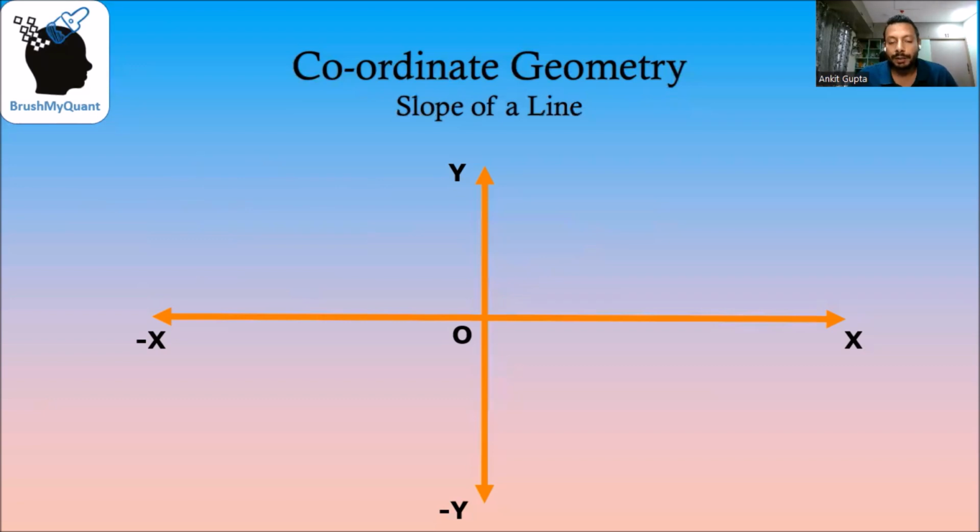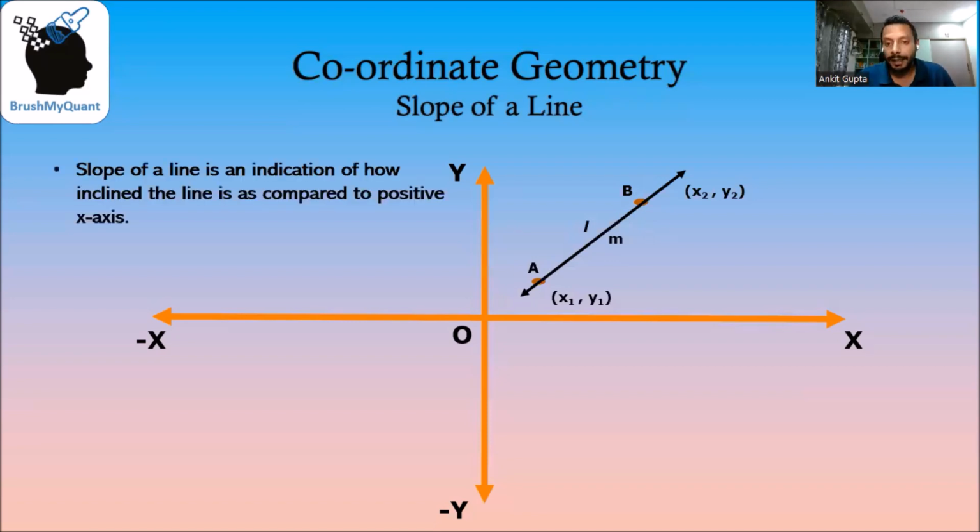Now let's see how to find slope of a line. So let's say we have 2 points A and B, which are on a line L, and the coordinates of A and B are x1, y1 and x2, y2. And let's say slope of this line is m. Now slope of a line is actually an indication of how inclined the line is as compared to positive x-axis. That means how tilted the line is as compared to positive x-axis.